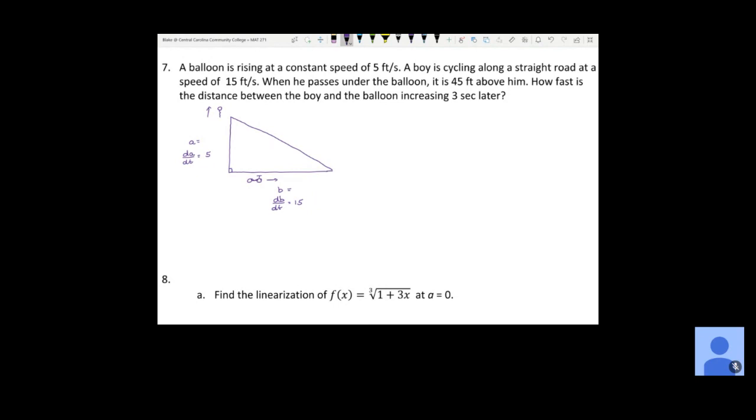When is the balloon 45 feet above him? As soon as he's under it, right? So when he's at that point directly below it, that's when the balloon is already 45 feet above him. Well, he's been traveling for how much longer now?